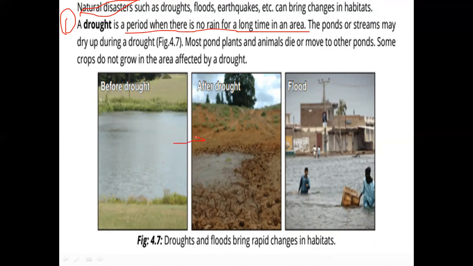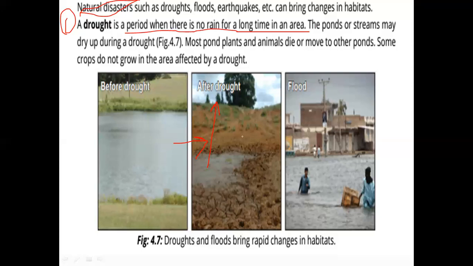If you see this area, here is a pond actually, and due to no rainfall for a longer period of time, the water is evaporated and the land is going to change into this dry area. So that condition is called a drought.